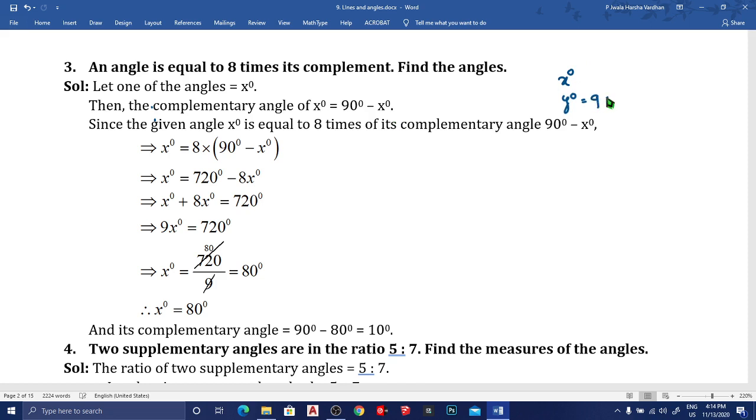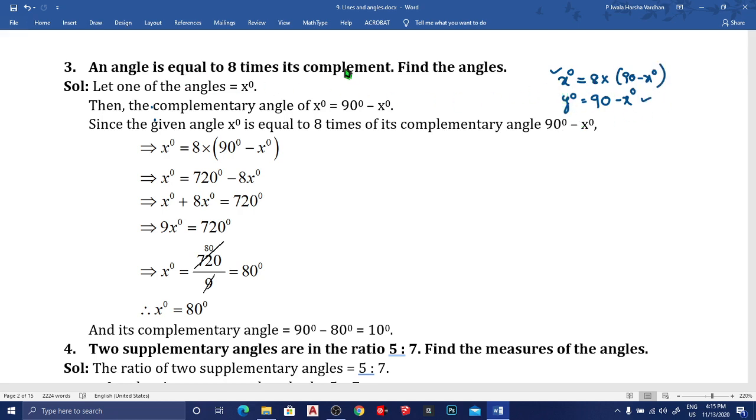This is 90 minus x degrees. So x degrees is equal to 8 times 90 minus x degrees. This is the problem given.